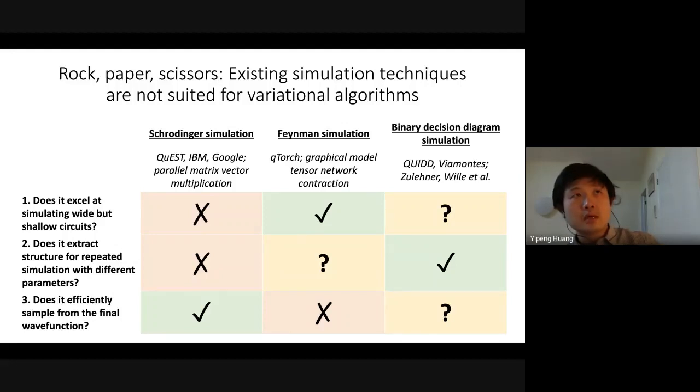Let's see. So what does it mean to extract structure, right? Let's imagine that you have something familiar. Suppose that you have a circuit that's intended to do something like Shor's, right? Maybe Shor's is not quite the right example either. Suppose it's just the QFT, okay?